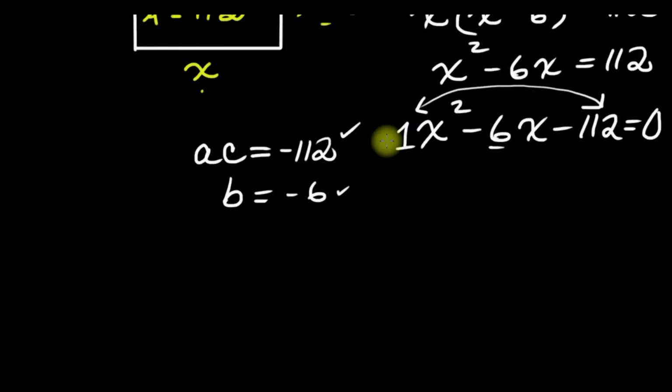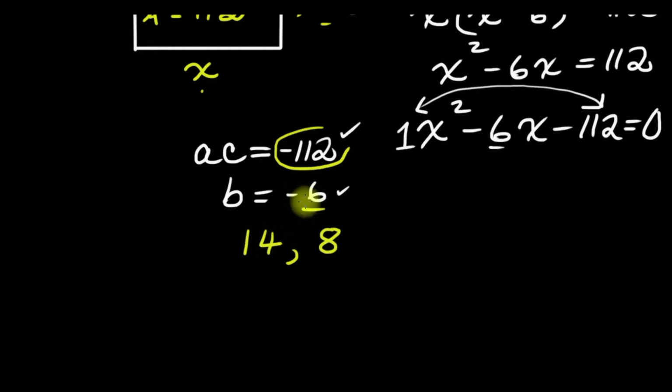Okay, so now you have to come up with two numbers, factors of negative 112, that when you add those two numbers, it comes out to negative 6. So you're going to need a negative and a positive, and then when you add those two numbers, it comes out to negative 6. Okay, how about we use 14 and 8, but one of these numbers has to be a negative number.